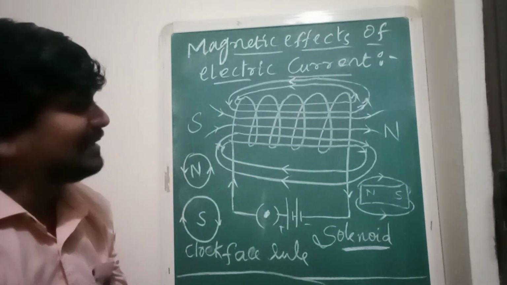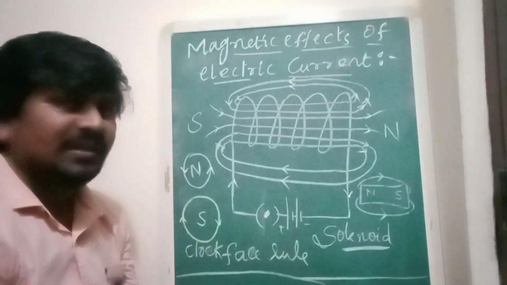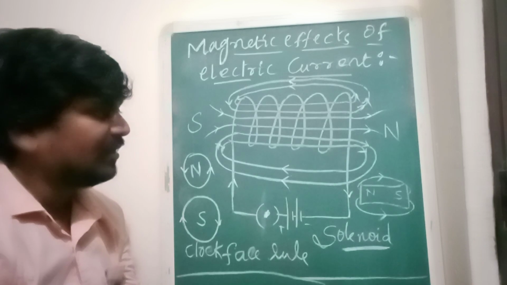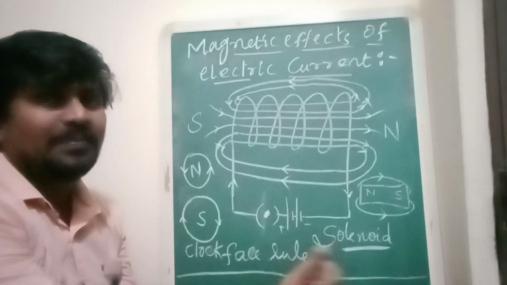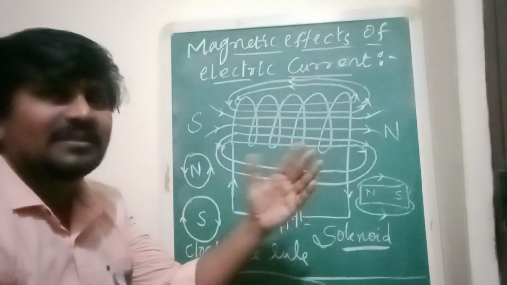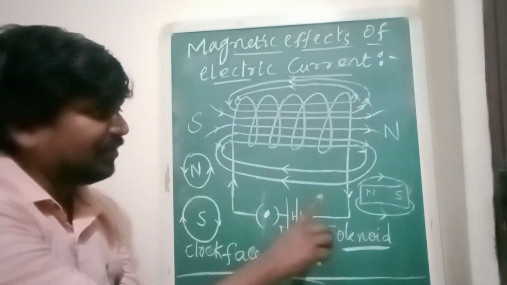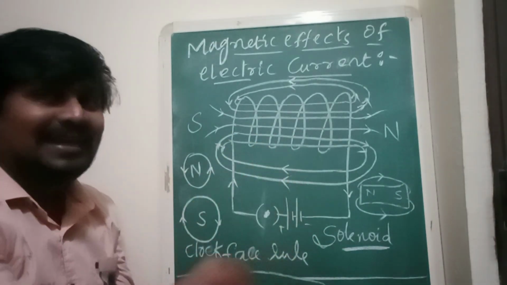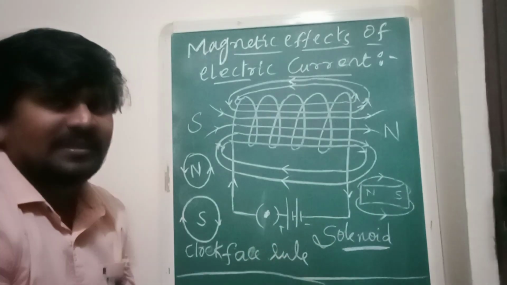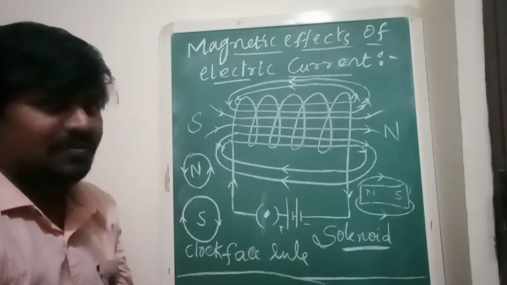One more thing: the strength of the bar magnet is fixed. We can't increase or decrease the strength for a given bar magnet. But for the solenoid, we can increase it. As I said, the factors are the strength of the current, number of loops, and air gap.